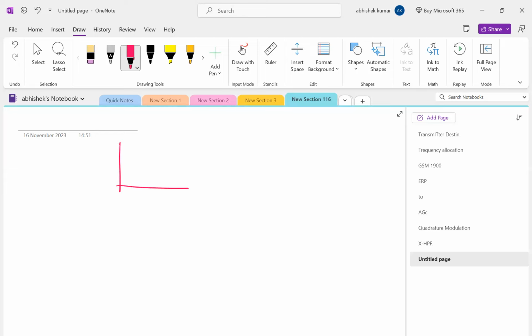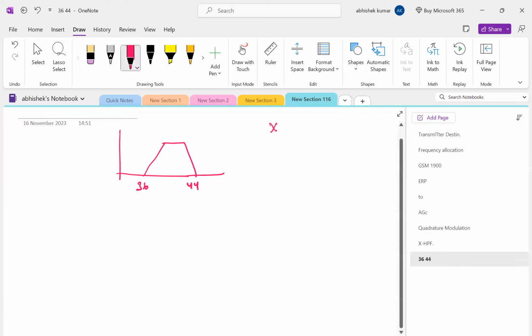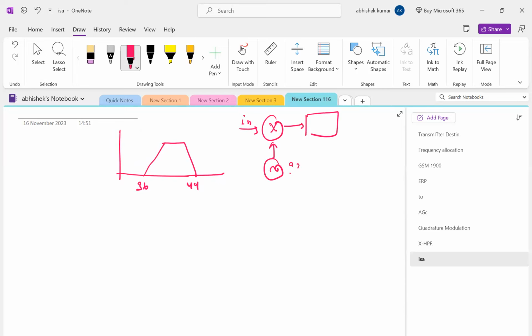These are the important questions this time. My input signals are 36 and 44. This is my filter, this is my mixer, and this is my local oscillator in megahertz.